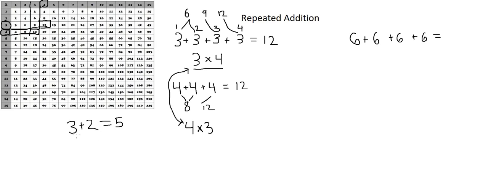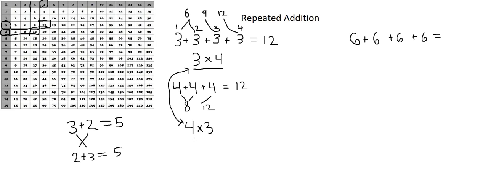Now you can just switch these around and then get 2 plus 3. Now this is also equal to 5 because it doesn't matter if you switch them around. It's still the same thing because it's addition. This property does not work with subtraction, only addition, and now, as you can see, multiplication.